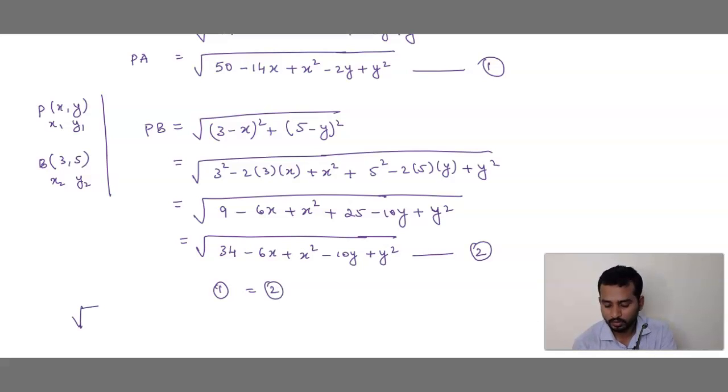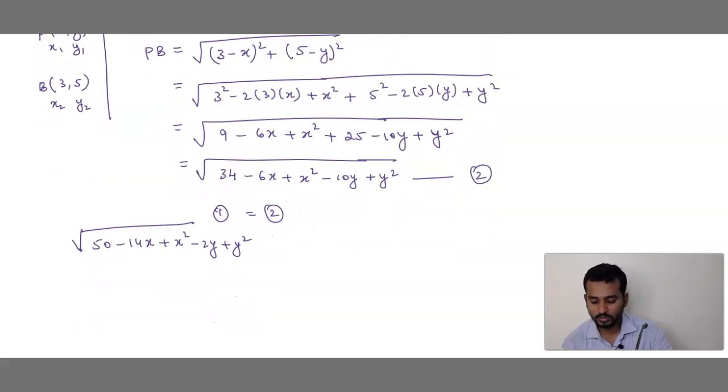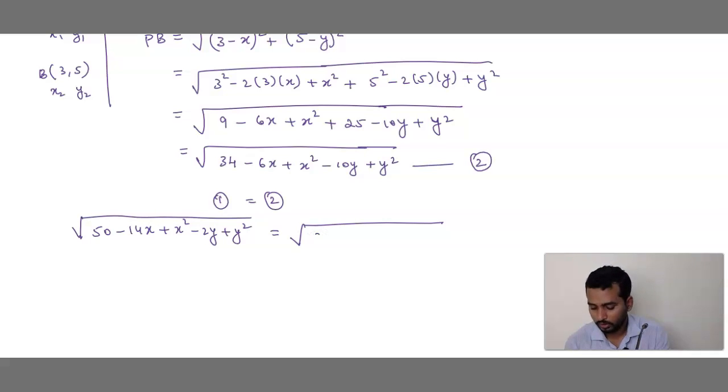So what is equation 1? 50 minus 14x plus x square minus 2y plus y square, right? This is equation 1. Equation 1 is equal to equation 2, 34 minus 6x plus x square minus 10y plus y square.